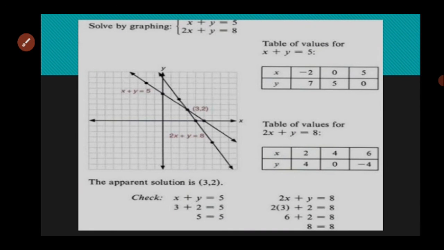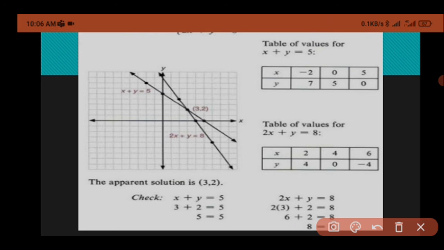We have to show or draw the graph also of linear inequalities or linear inequations. This topic we already understood in the smaller classes. Like we had given the question, first x plus y equals 5.